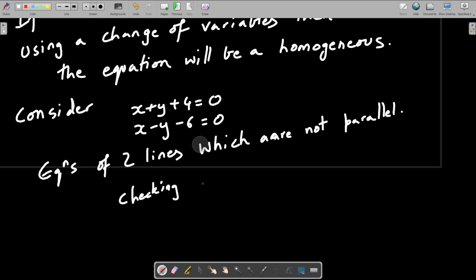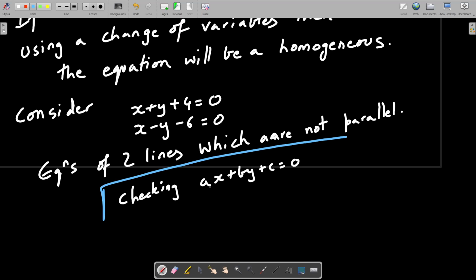How do you check two lines are parallel? Checking a1x plus b1y plus c1 is equal to 0 is parallel to a2x plus b2y plus c2 is equal to 0. This we should have done first, so I'll just do it here.